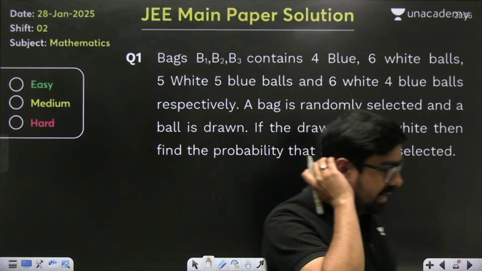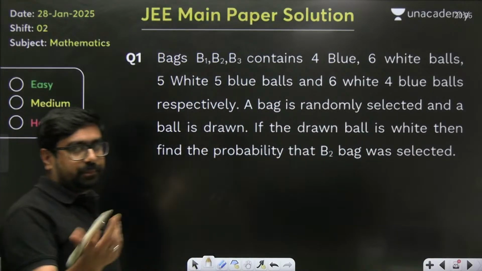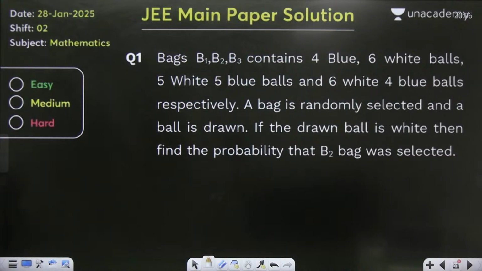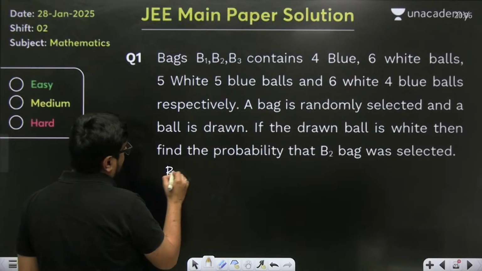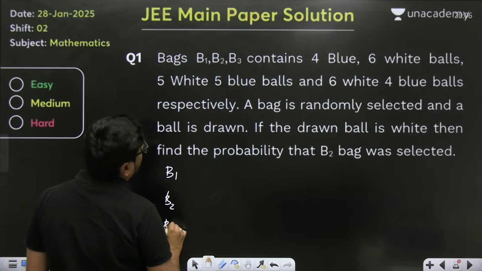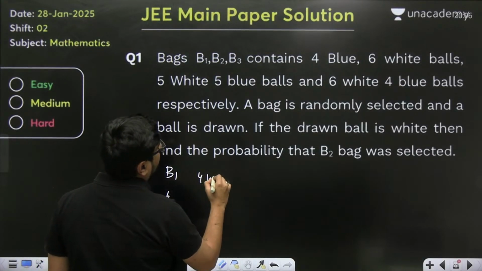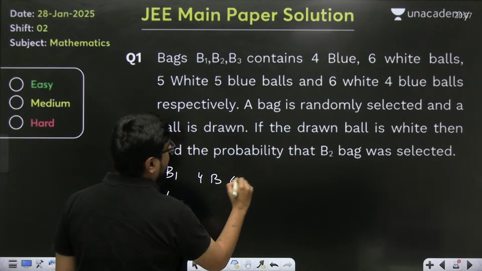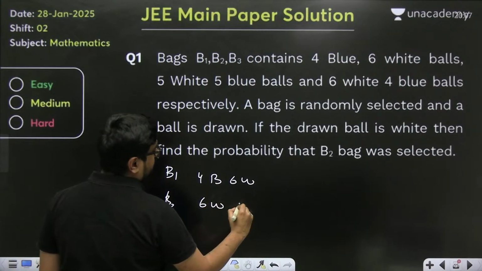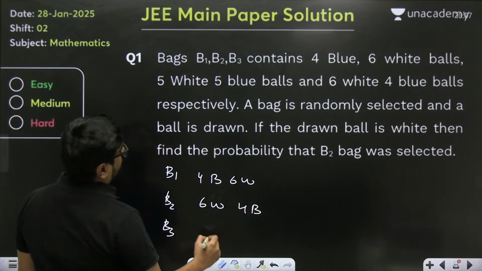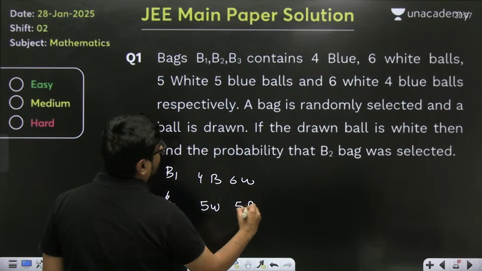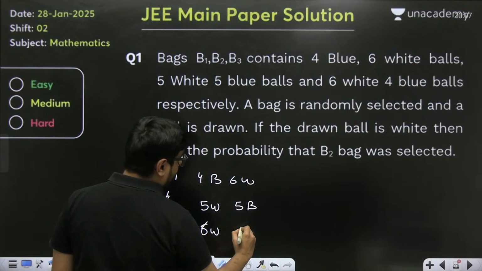Clearly, a very straightforward application of our Bayes theorem, right? So let's write down bag 1, bag 2 and bag 3. Bag 1 has 4 blue and 6 white, bag 2 has 5 white and 5 blue, and bag 3 has 6 white and 4 blue.